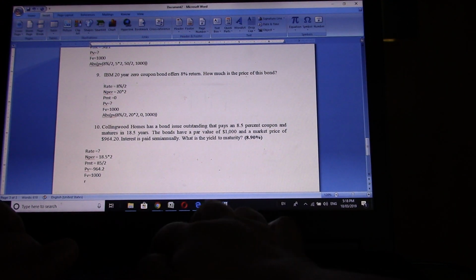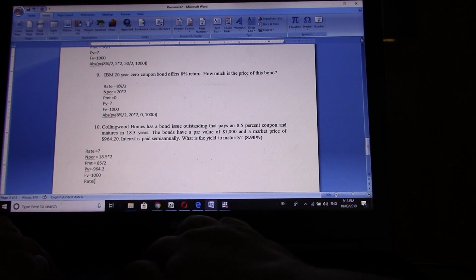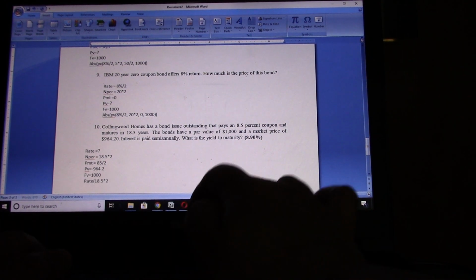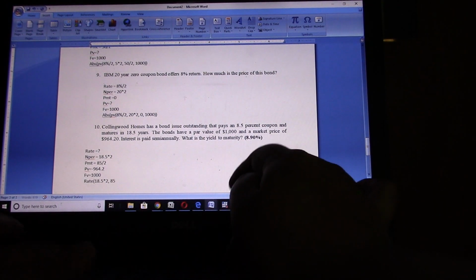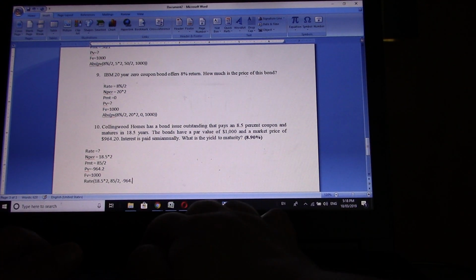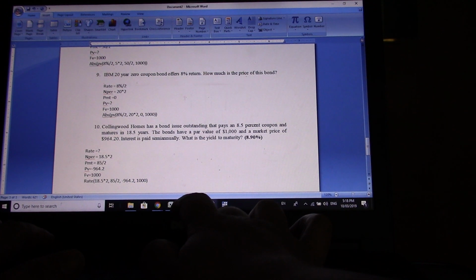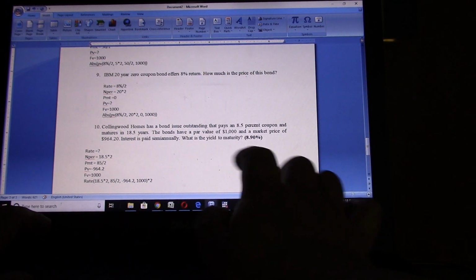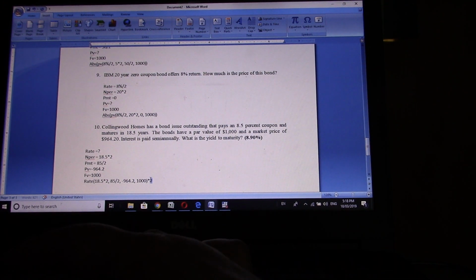So you see, the rate function: 18.5 times 2, 85 divided by 2, negative 964.2, 1,000. But remember, when you get this, you should multiply by 2 to get the whole year rate. Remember this.